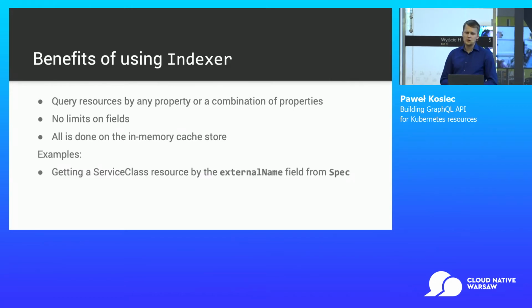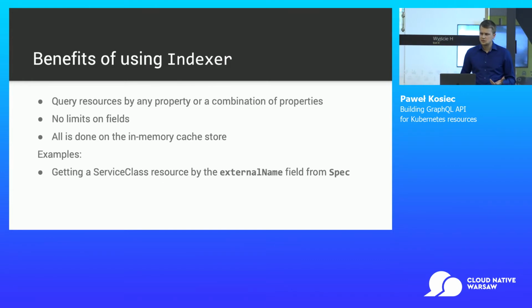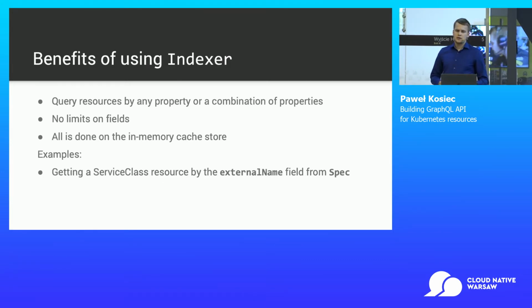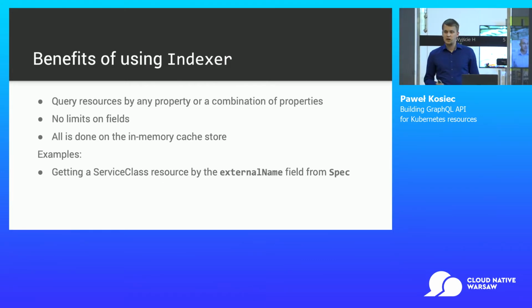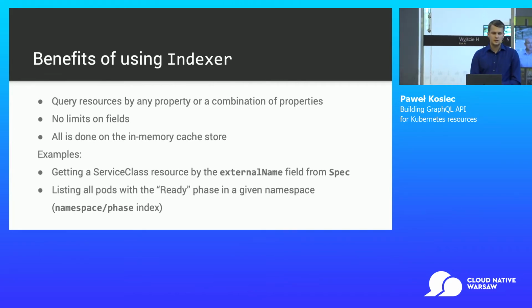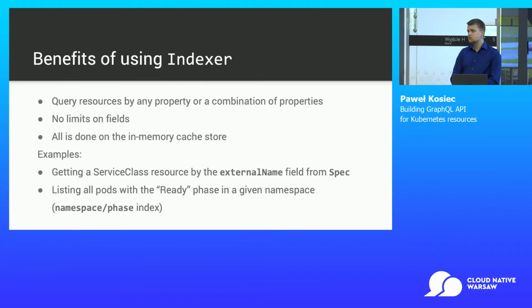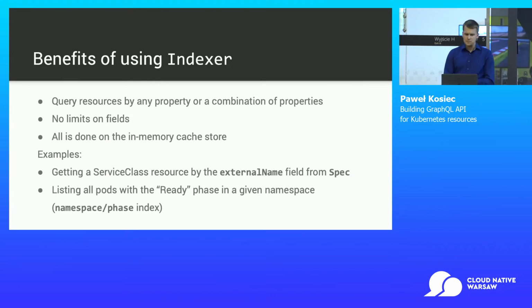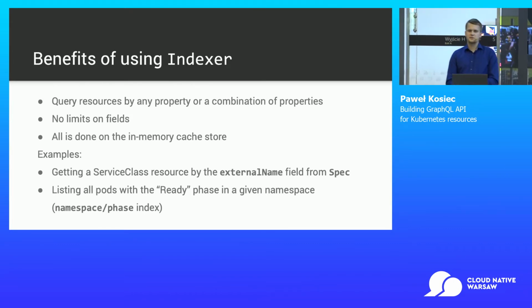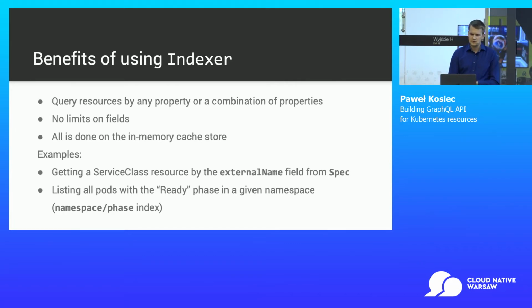So, for example, we can get a service class resource by external name field from spec, or we can list all pods with the ready phase in a given namespace by defining a namespace/phase index.